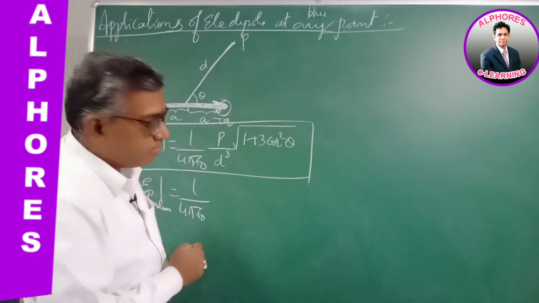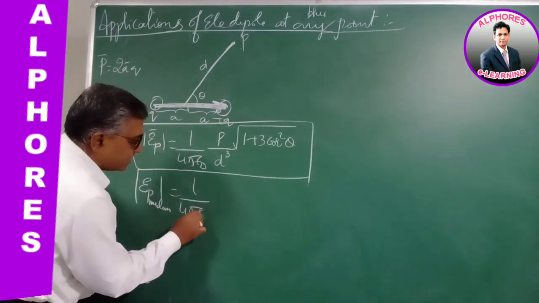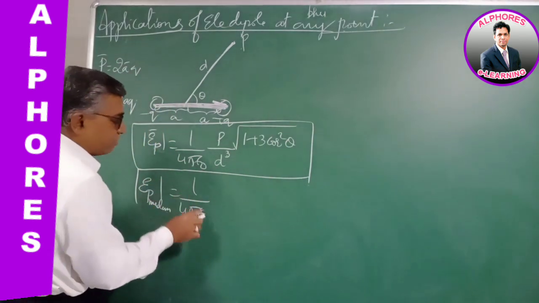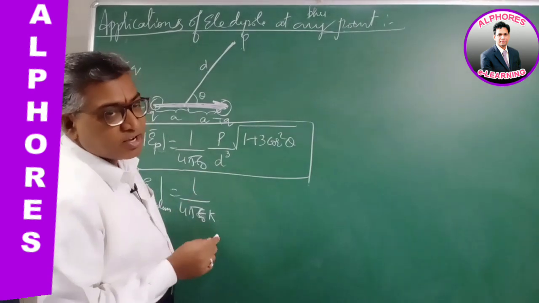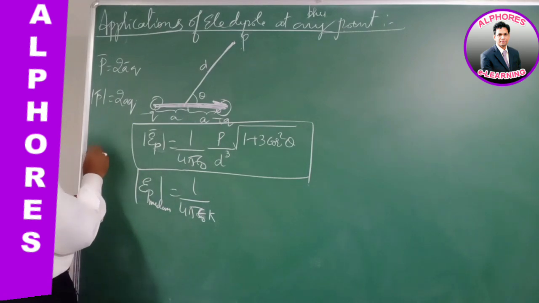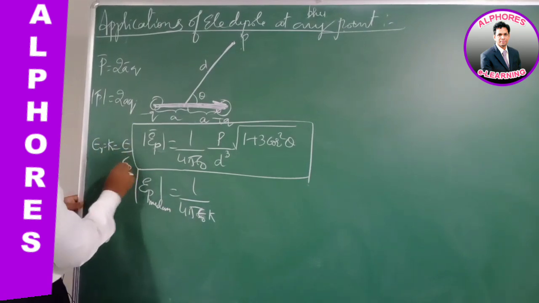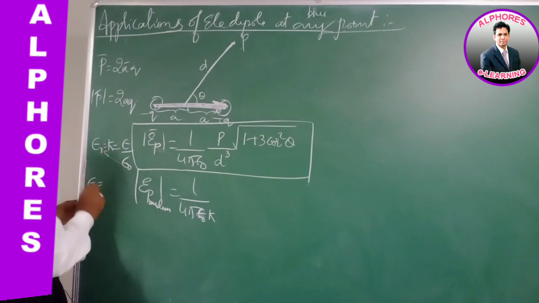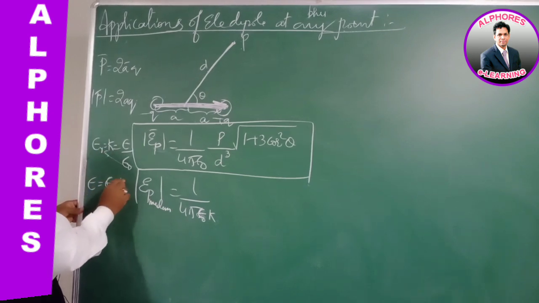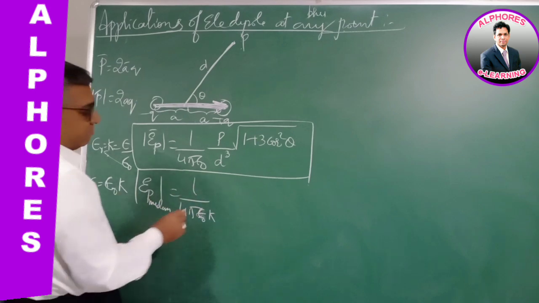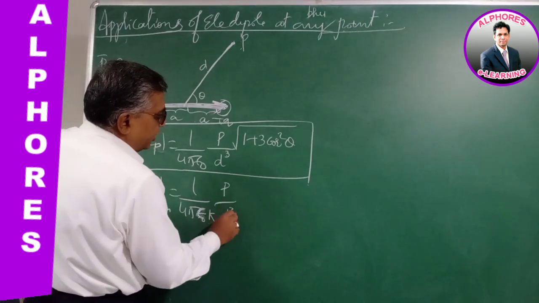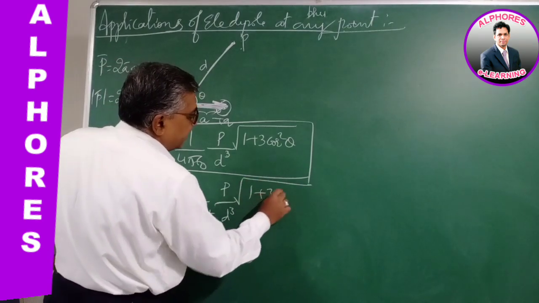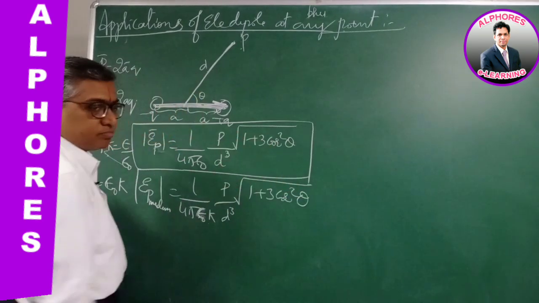In any medium it is just epsilon, but we know epsilon is epsilon naught k, where k is dielectric constant. We have learned relative permittivity or dielectric constant is epsilon by epsilon naught. So in a medium it is 1 by 4 pi epsilon naught k, P by d cube under root 1 plus 3 cos square theta.